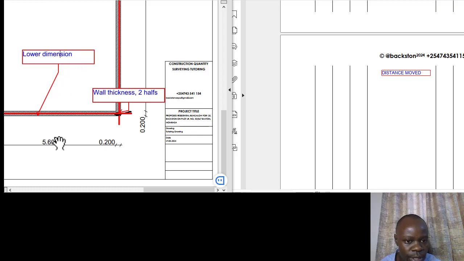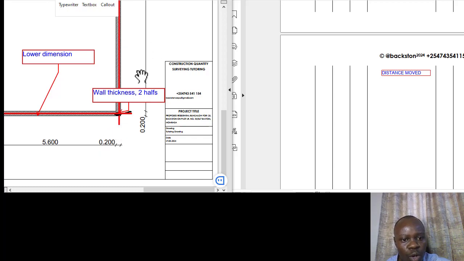Then it means you are going to take the length up to the internal point, and then after that you add half of that wall, so that gives you the first half at that one corner.